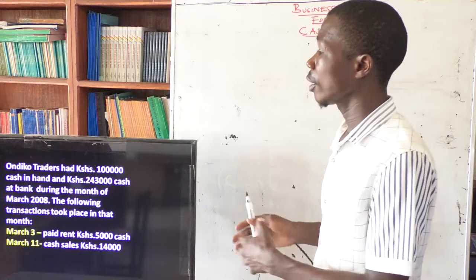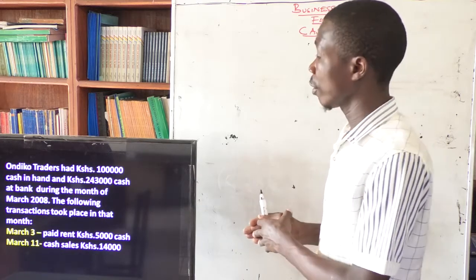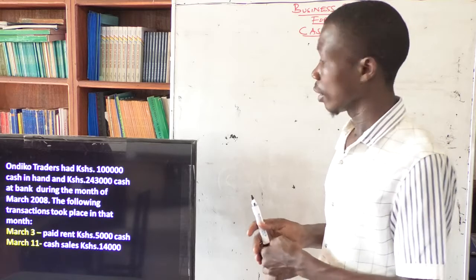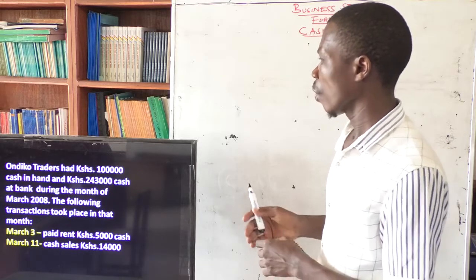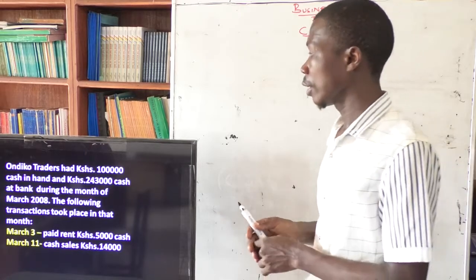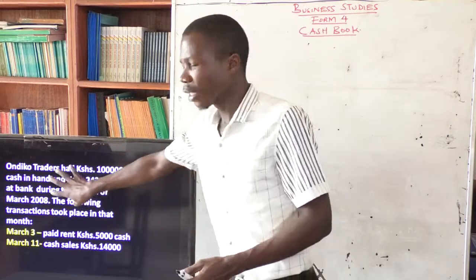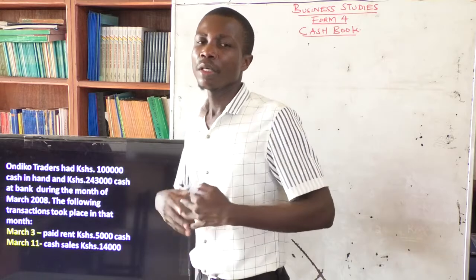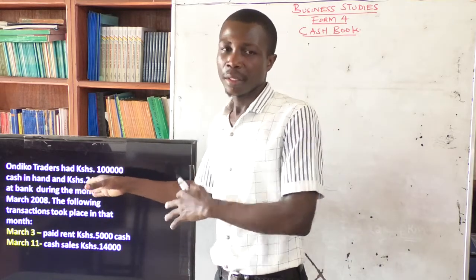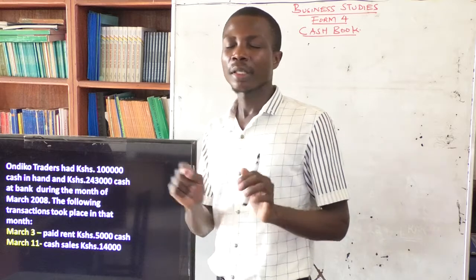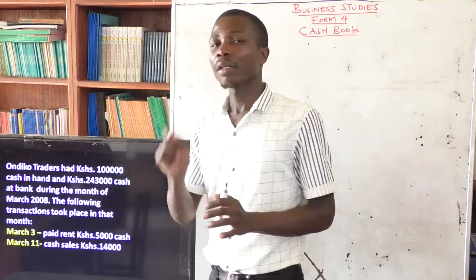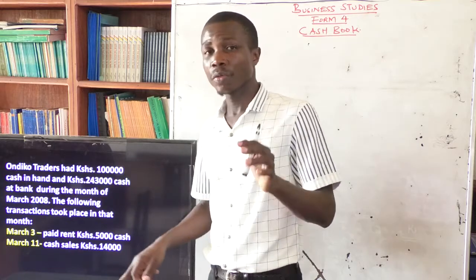The balance at bank was 243,000, and cash in hand was 100,000, in the month of March 2008. So this is just the amount they started with. When you start recording a cash book, you begin by writing this as a balance. It indicates the money the business had on the first date. So you record this and in the details you write balance. We are going to do that.